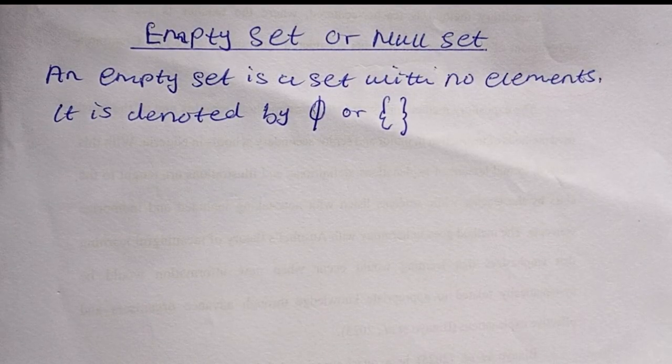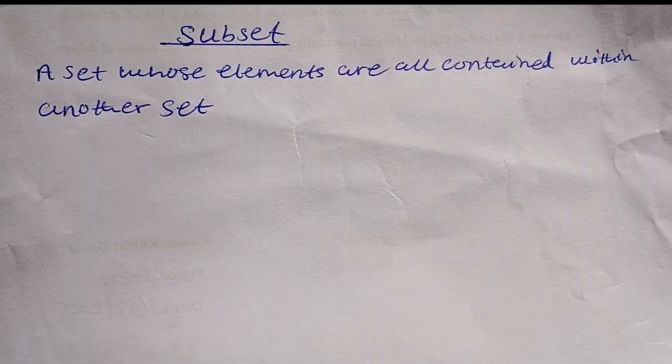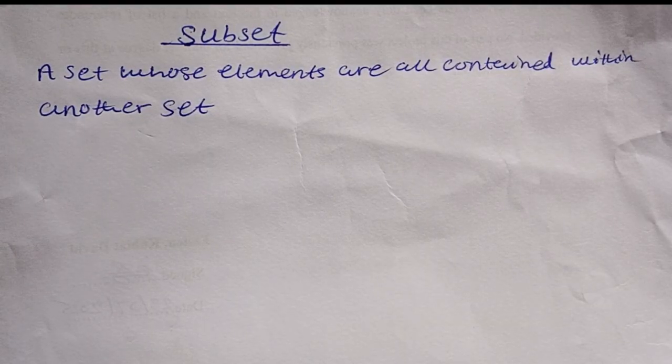Now, the fourth one, we have empty set or null set. An empty set is a set with no elements. It is denoted by phi, or just a set without elements. The last on our list, we have the subset. A subset is a set whose elements are contained within another.